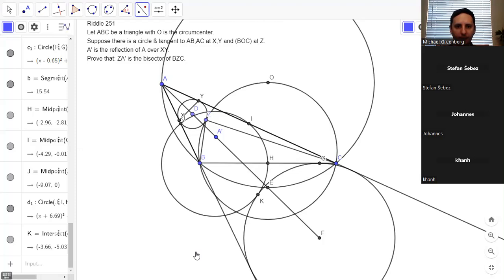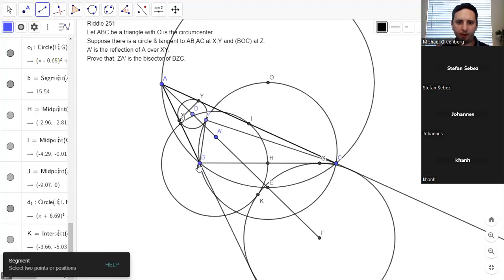Okay. So here we wanted to show ZA prime was the bisector of BZC. Let's see what that turns into. So B and C switch. Z goes to K. And so we have basically angle BKC.